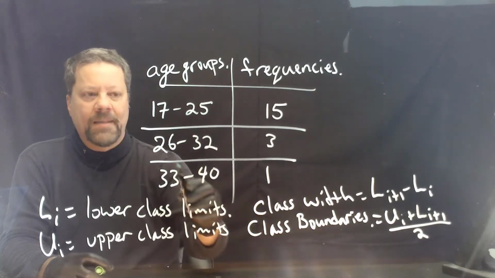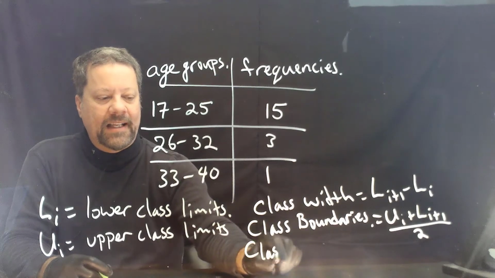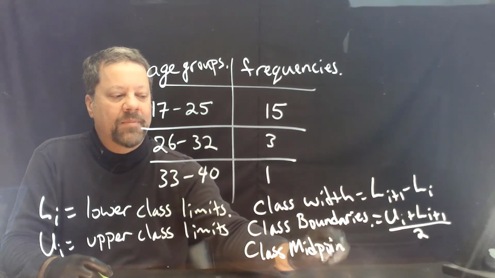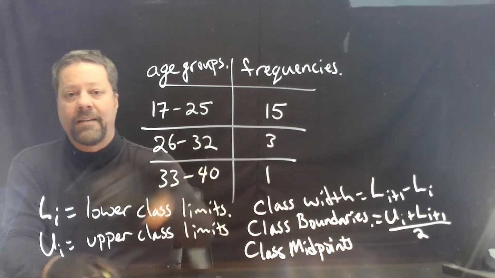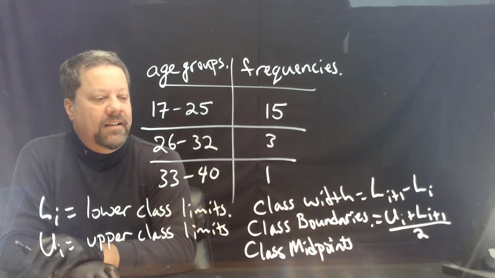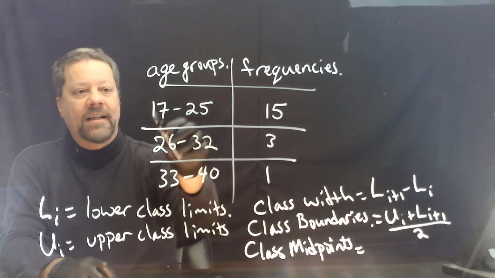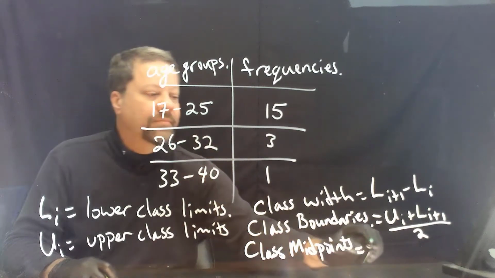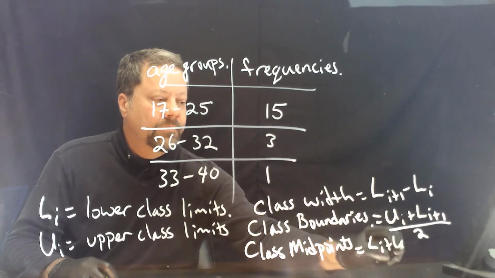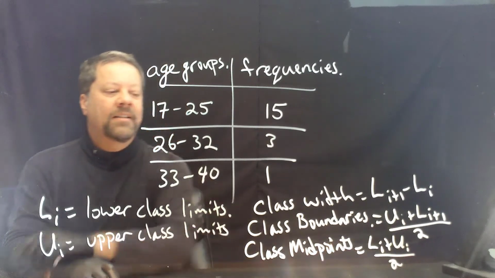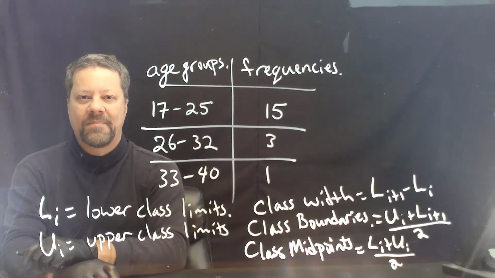There's one more concept associated with this, and that's the class midpoints. On some problems, it's better to use some kind of estimate for the middle of these. For these, we'll just average the upper and lower class limits to find the class midpoints.